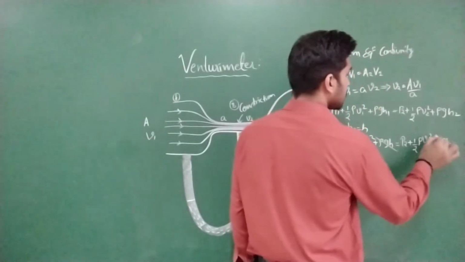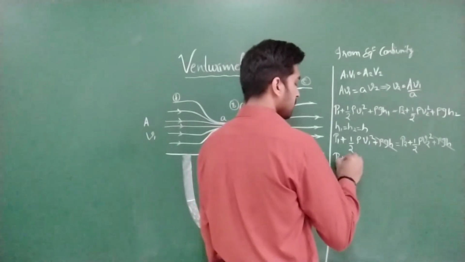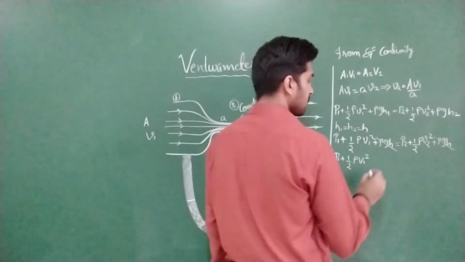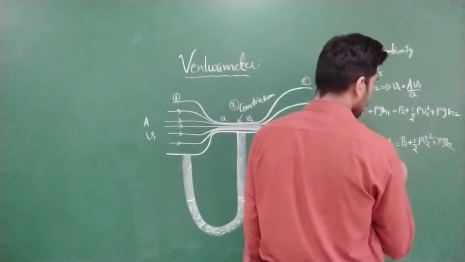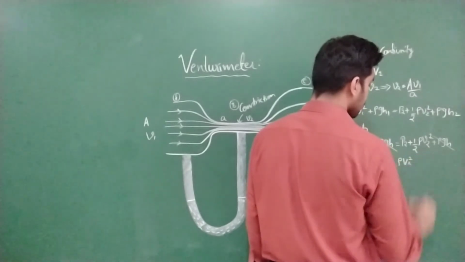So rho GH will get cancelled. What is remaining? P1 plus half rho V1 square is equal to P2 plus half rho V2 square.